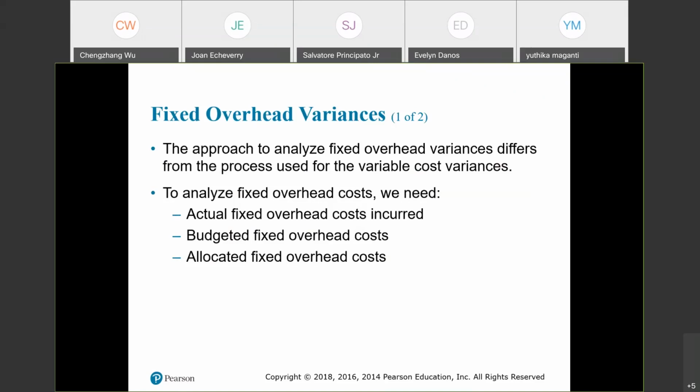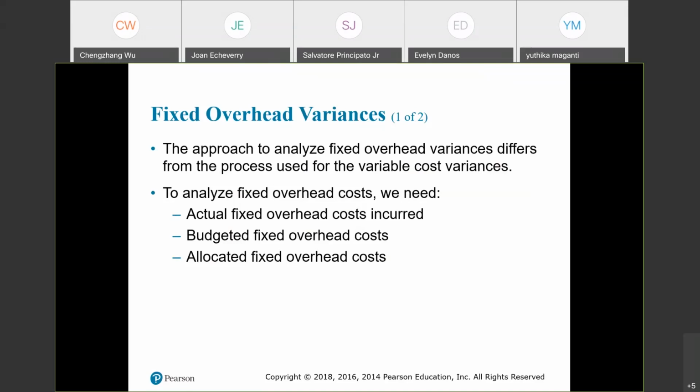Remember that fixed costs are not expected to change in total within the relevant range, but they do change per unit when there is a change in volume. To analyze fixed costs, we need to compute three amounts: actual fixed overhead, budgeted fixed overhead cost, and the allocated fixed overhead cost.